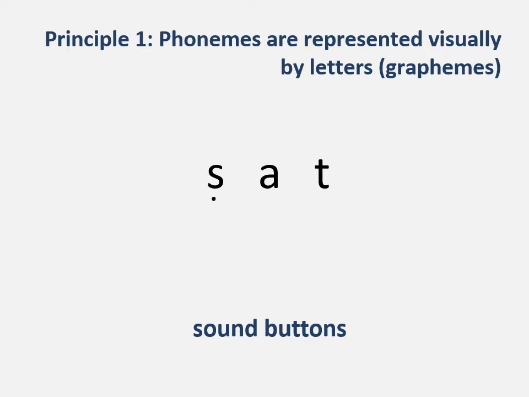So I put a dot under the S to indicate that that S makes the sound S. A dot under the A to indicate that A has one sound attached to it, A. A dot under the T to indicate that it has one sound, T. S, A, T. There are 3 phonemes and 3 graphemes. There should always be the same number of graphemes as phonemes.